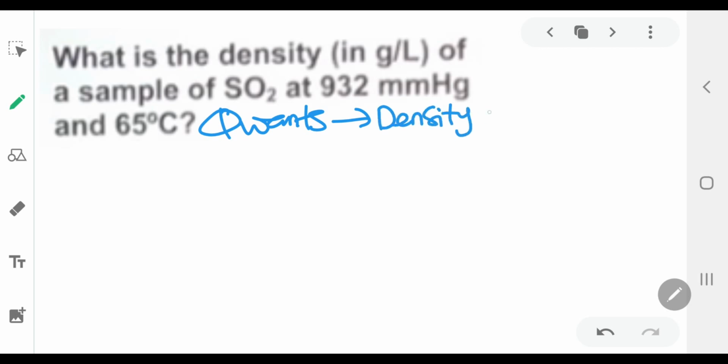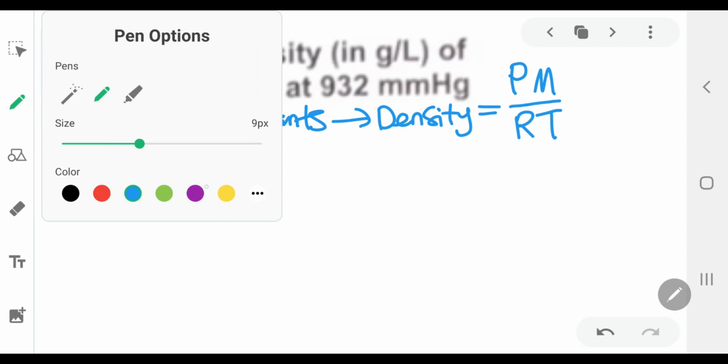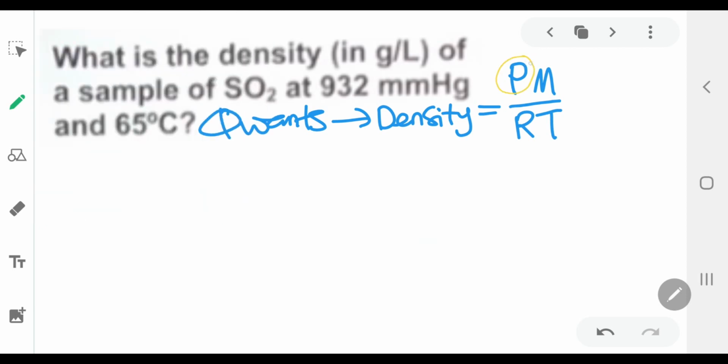If you want to find the density, you can use the formula pressure times molar mass over RT. So I repeat, what are all of these? That is your pressure, which needs to be in ATM, remember.